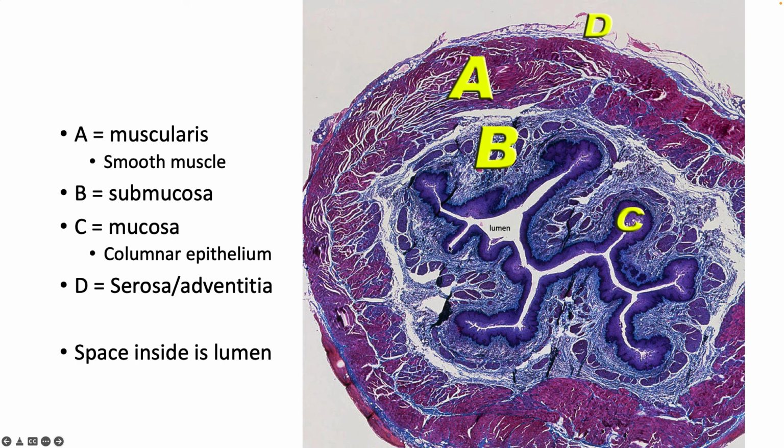The layer immediately outside the mucosa is layer B, the submucosa. It's usually a lot more connective tissue based. And then you can tell where the red smooth muscle layer is. That'll be the largest layer, the muscularis layer, helping propel that food throughout the digestive tract. Then we have our visceral peritoneum, adventitia or serosa, in letter D here. Remember that the space or region on the inside is the lumen.